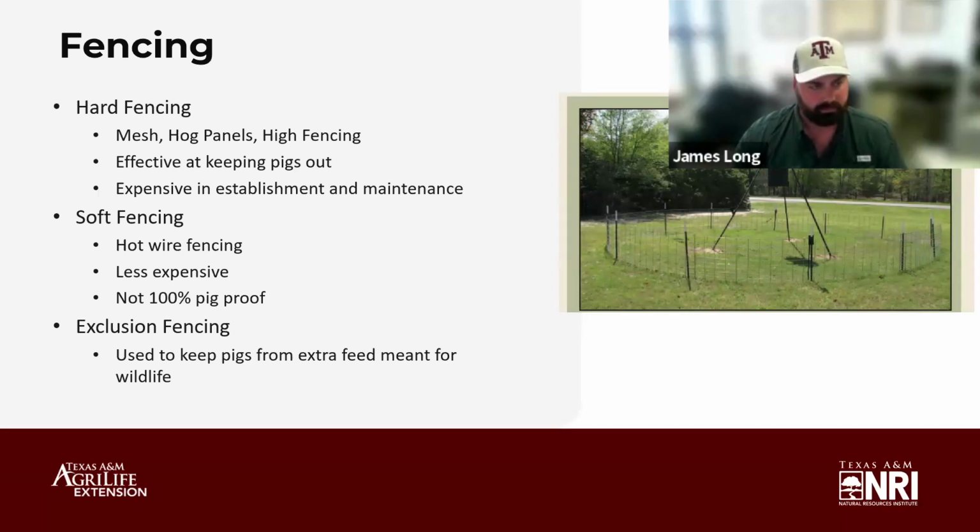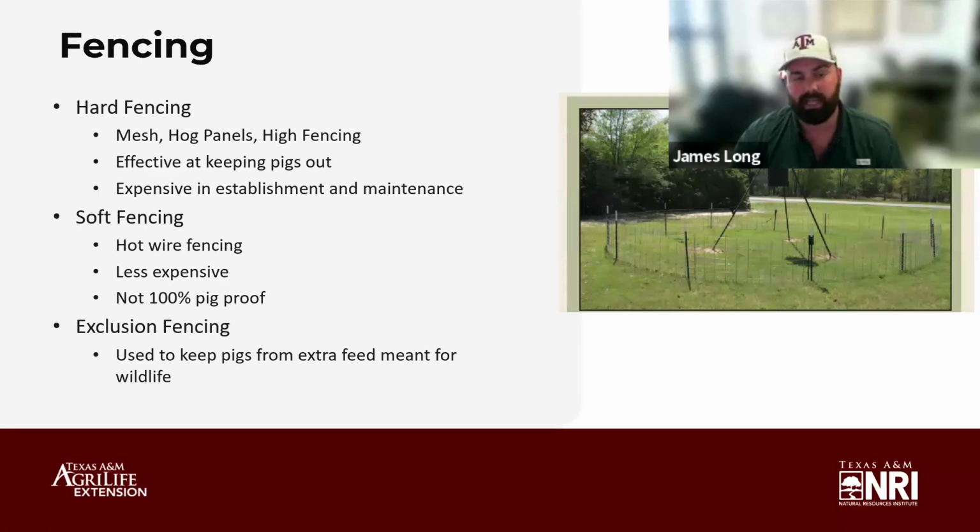Going into soft fencing, that's your hot wire fencing. The downside to this is that it's never going to be 100% effective at stopping feral pig damage and intrusions. When we look into some of the studies across the topic, we see anywhere from about 60 to 70% effective or less, depending on the design and the landscape.